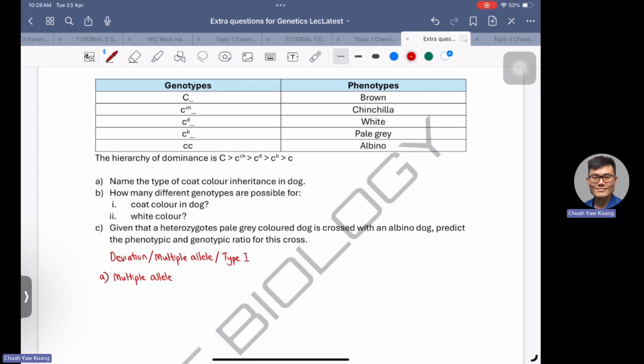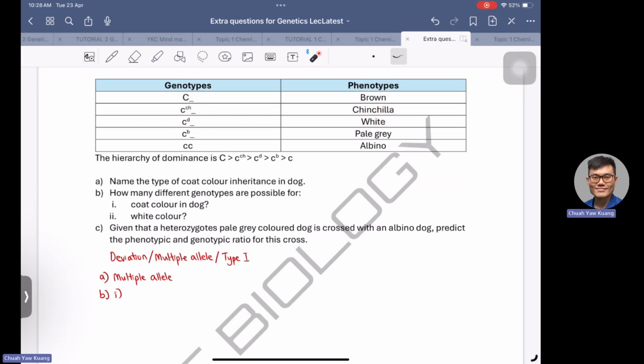All right, next we look at B. The question asks how many different genotypes are possible for the coat color in the dog. So we have to look at it one by one. How many genotypes will show the brown phenotype? How many genotypes will show chinchilla?